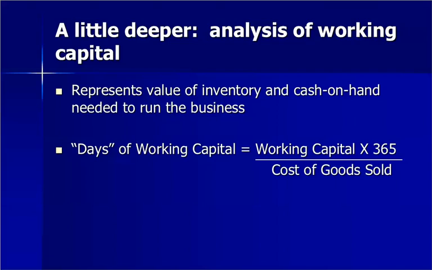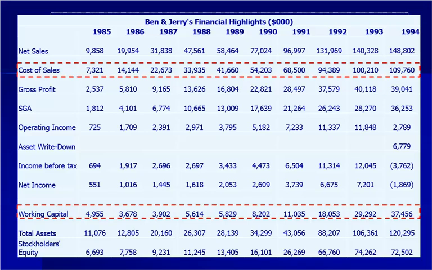You can construct a measure called days of working capital by taking the working capital figure, dividing it by the cost of goods sold figure, and multiplying by 365, i.e. the number of days in a year. Mechanically, that involves looking at these two lines in the exhibit.